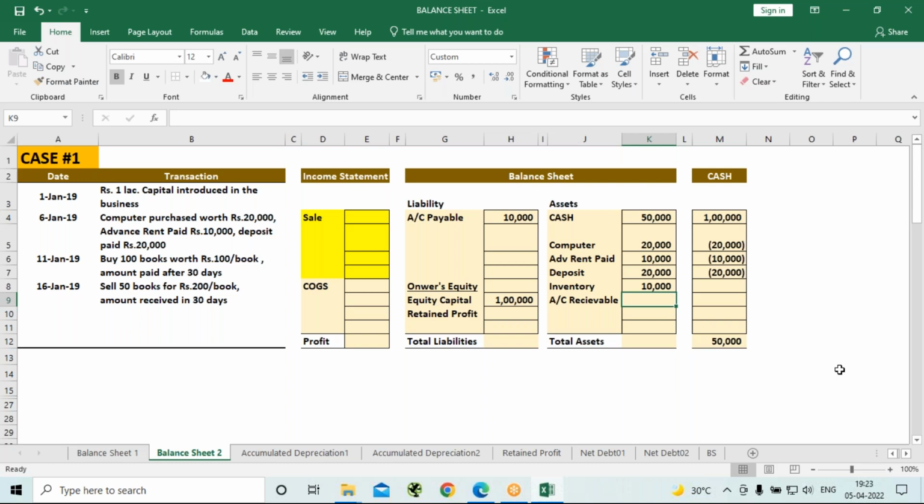Good. Next, with this purchase, will it have any impact on the income statement? With this purchase of goods, will it have any impact on your income statement?